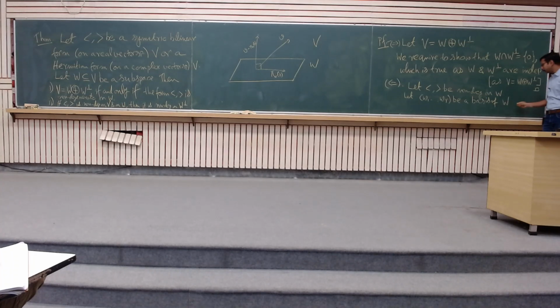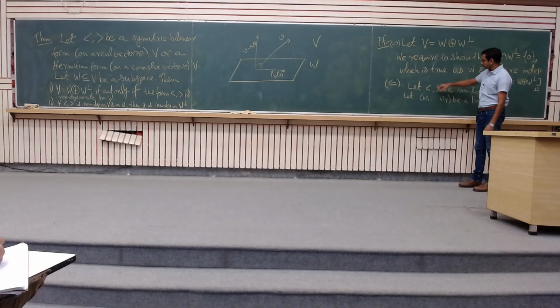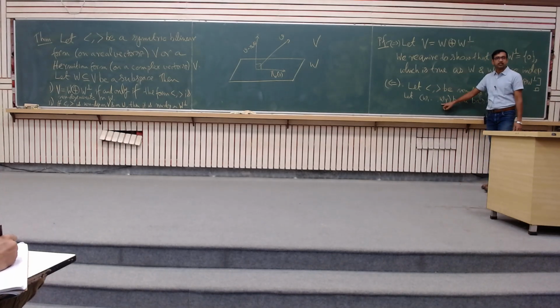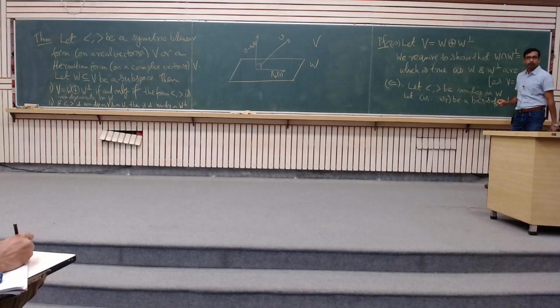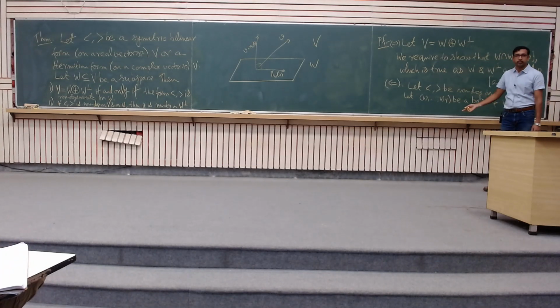But at first, what can we say about the gram matrix of this form with respect to this basis? It's non-singular, right? Because we are assuming that this form is non-degenerate on W. So by the previous theorem, it is non-singular, right?